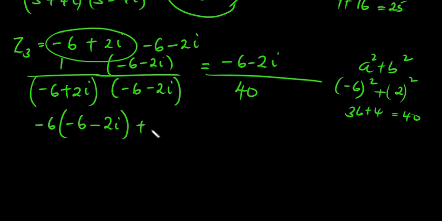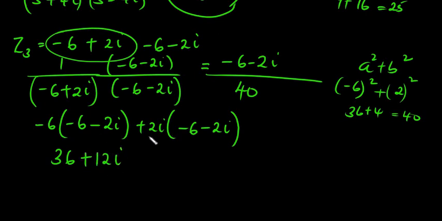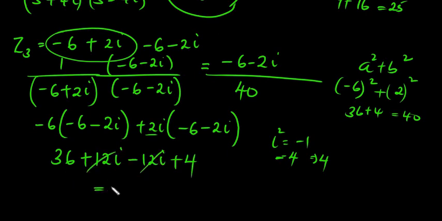Negative 6 times negative 6 is 36, negative 6 times negative 2i is plus 12i, 2i times negative 6 is negative 12i, and then 2i times 2i, with i squared equal to negative 1 and 2 times negative 2 being negative 4, gives negative 1 times negative 4, which is 4. The 12i terms cancel out, and we are left with 36 plus 4, which is equal to 40.